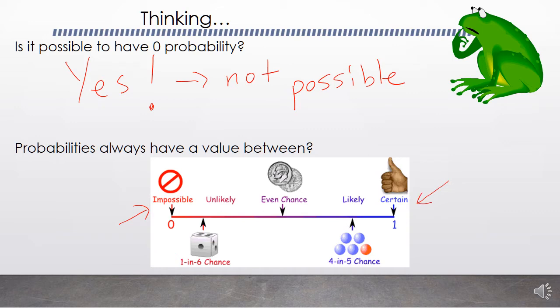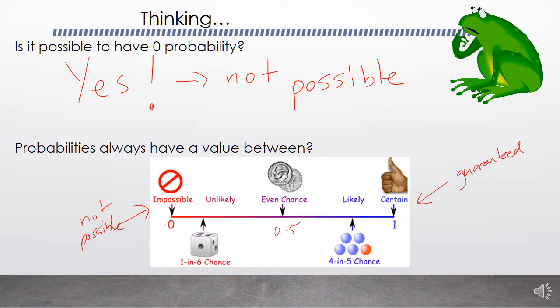If you get a probability of 1, it's guaranteed to happen. So not possible, guaranteed. In the middle, where it says even chance, that would be a 50-50 shot, which would be 0.5.